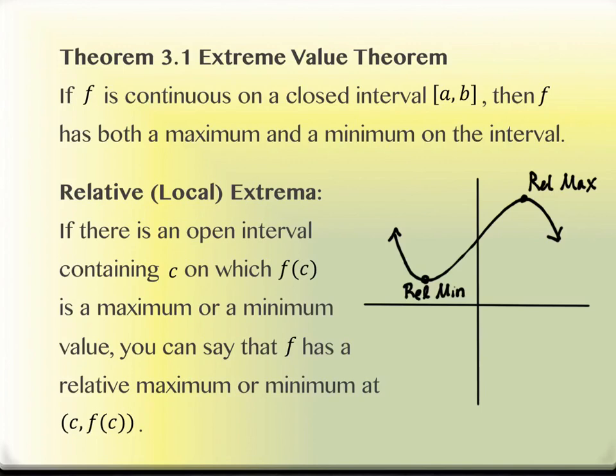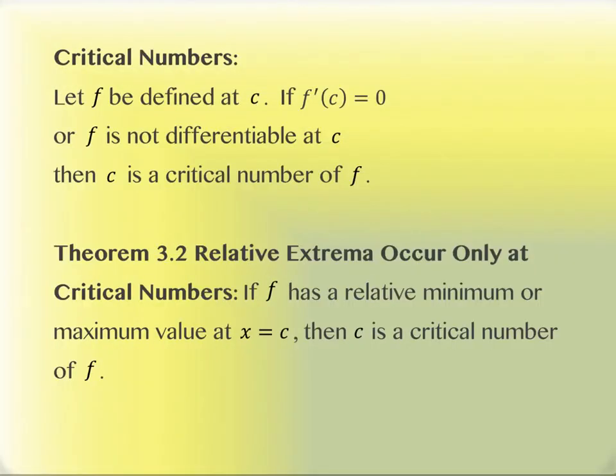Now, these locations where I see these peaks and valleys actually have a more broad name that we can use. We can call them all critical numbers. So critical numbers are defined like this. We have f, defined at a value c. If f prime of c is equal to 0, or if f is not differentiable at c, then c is a critical number of f.